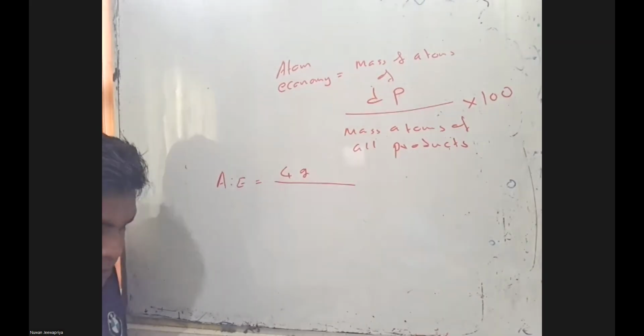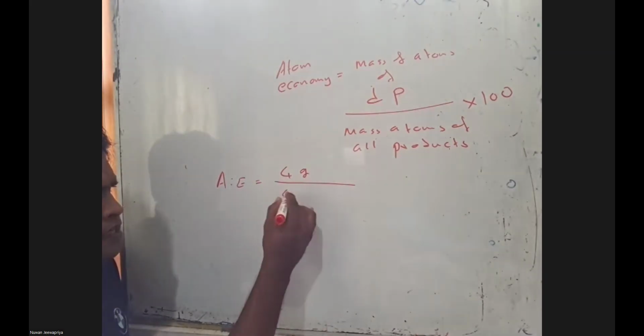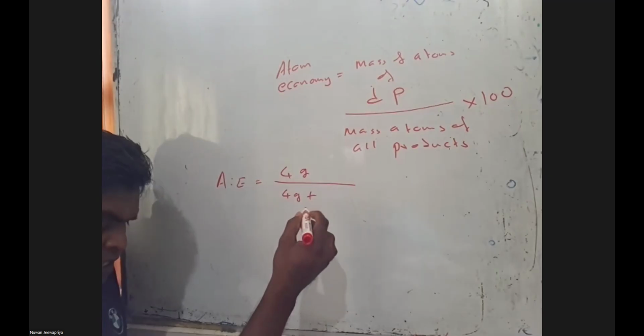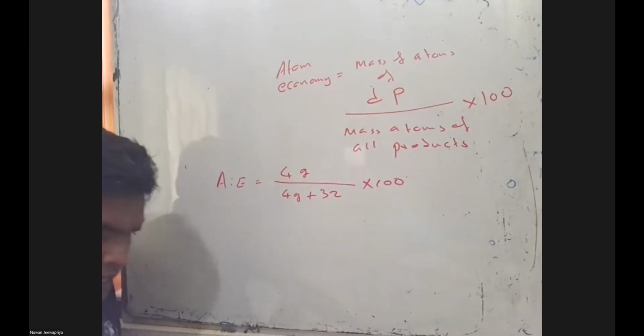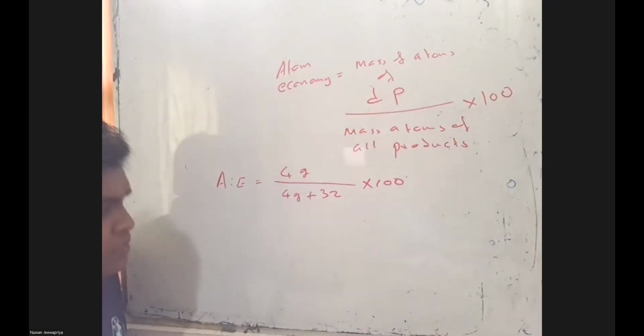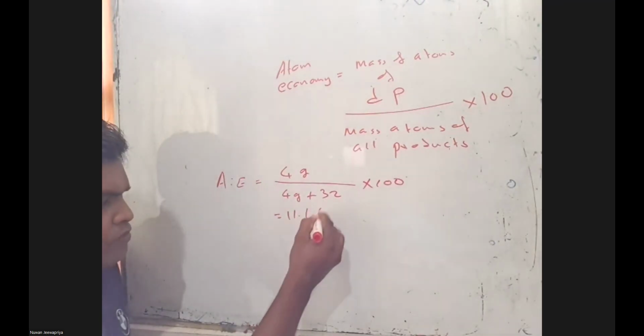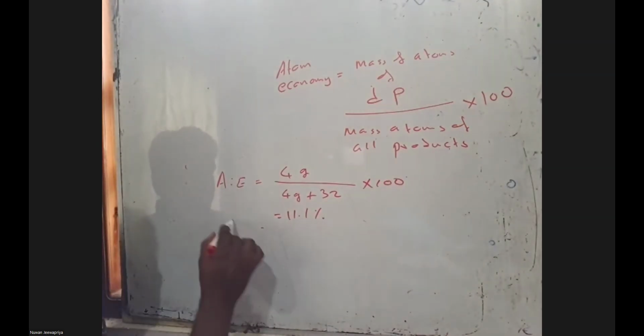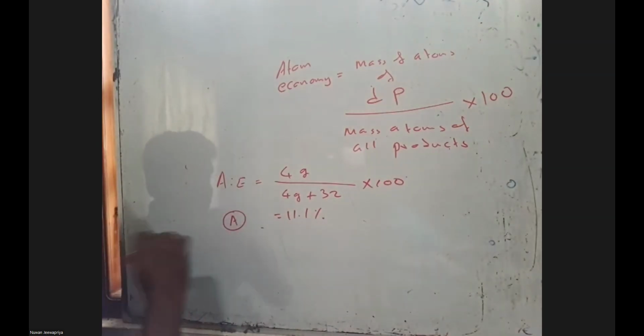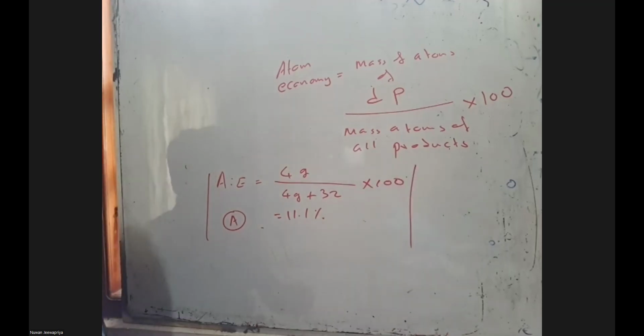And the next one, mass of the atoms of all the products, the 4 grams and oxygen, so 32, multiplied by 100. The answer is 11.1%. So this is the first one. A answer is 11.1%.